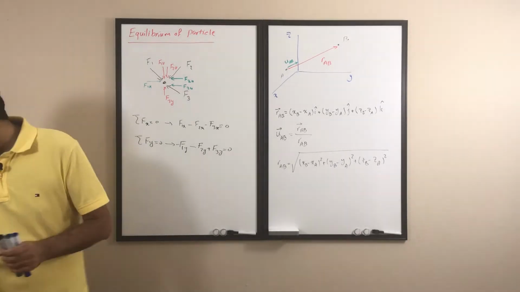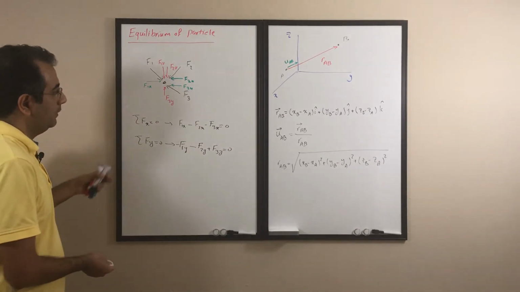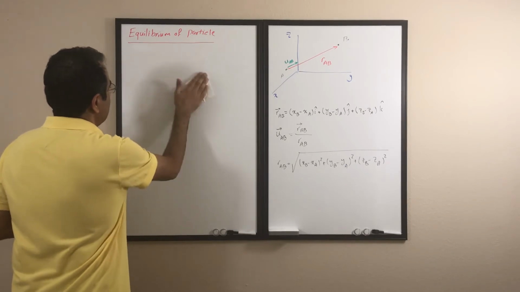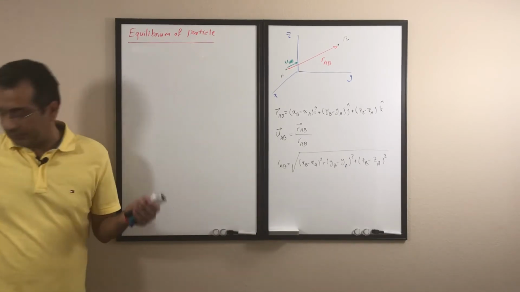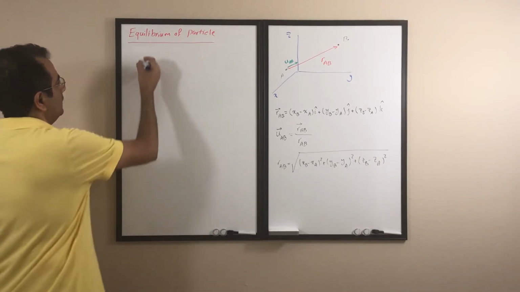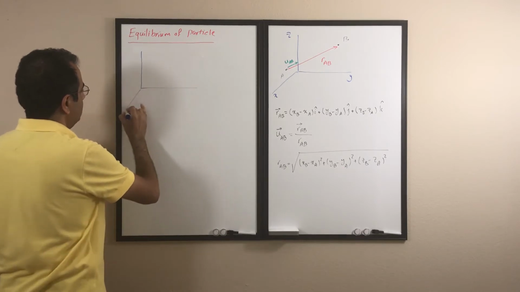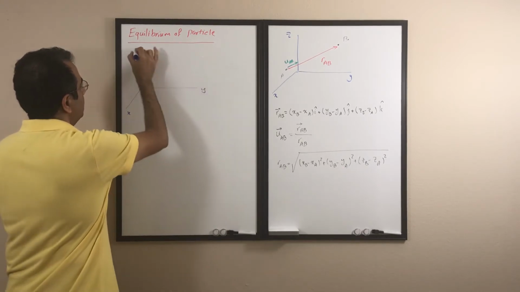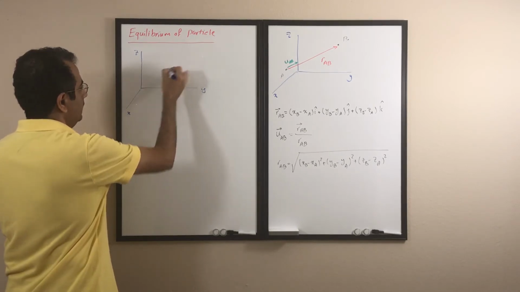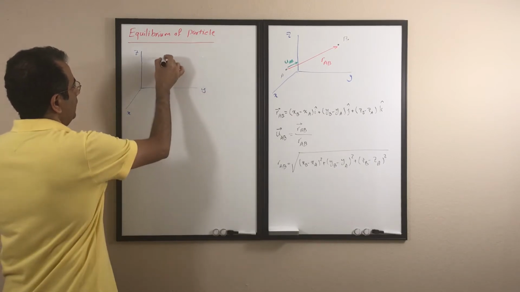But if you have it in the 3D format, instead of using the scalar format as what we did, try to write it in Cartesian form. So assume I have x, y, and z, and then I have a point somewhere here, and this time I have 3 forces going there.